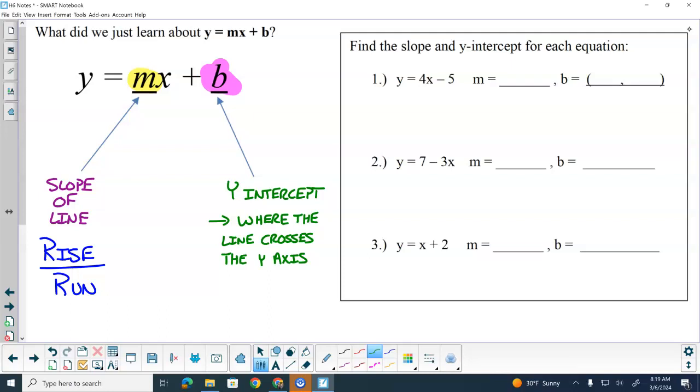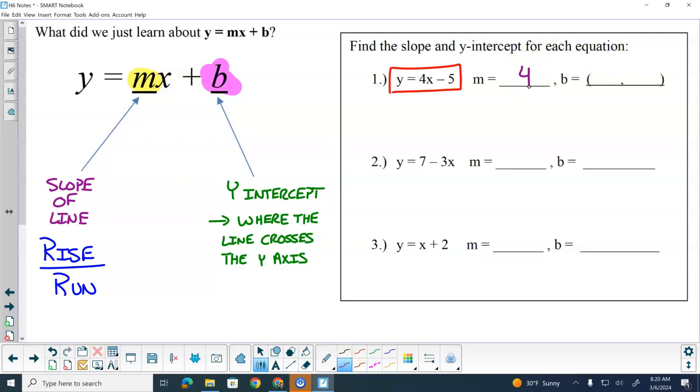So, in that box that you have right next to that now, your first equation is y equals 4x minus 5. My slope is what? In that red box, what is my slope going to be? Chloe? Just 4. Just the number, not the x, because the x is there in both of them. So the slope is 4.